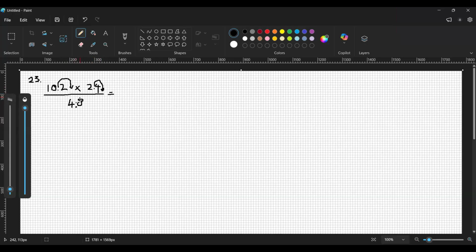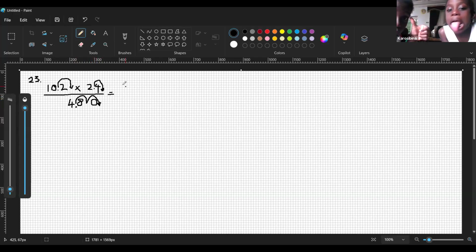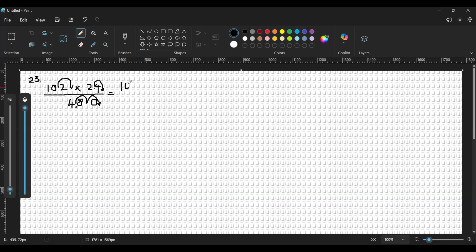So the 0.8 will now move how many times? 2 times. Please don't forget the rule. Whatever number of times you move the numerator by, you must also move the denominator by those number of times, isn't it? So on top, what will I have? 102.